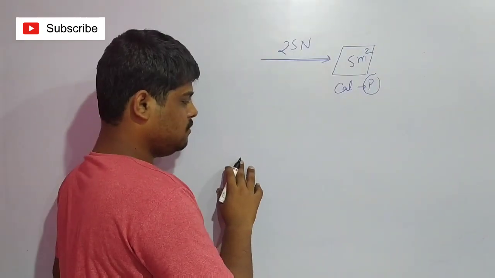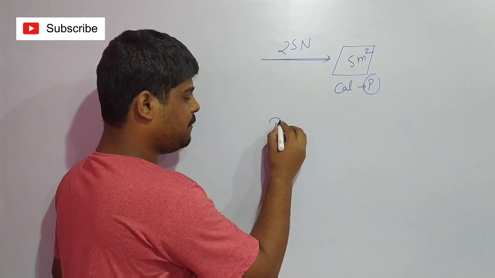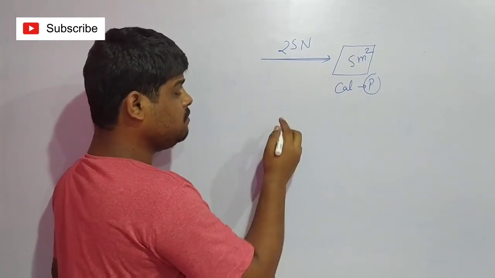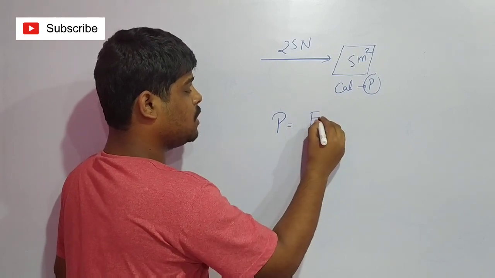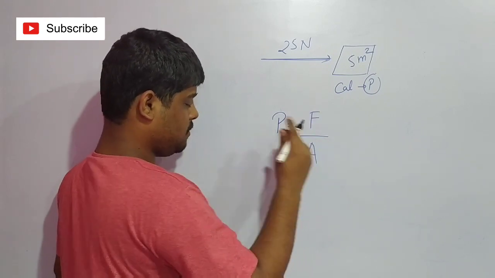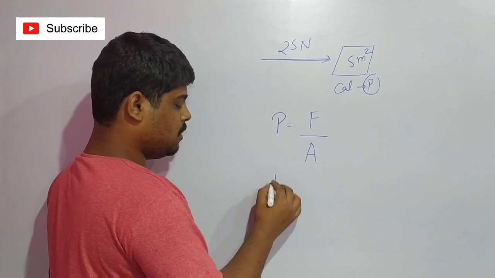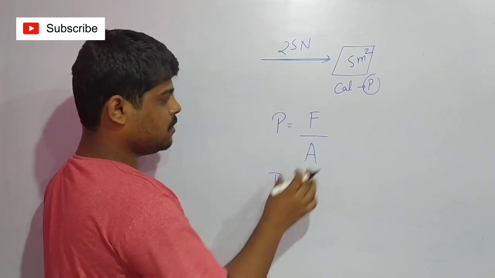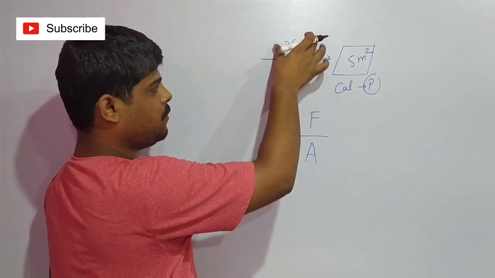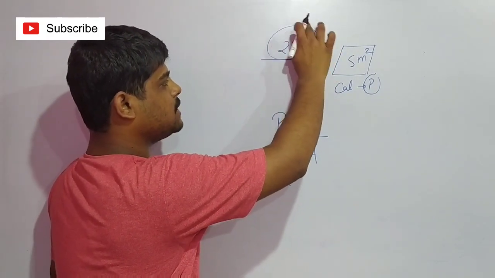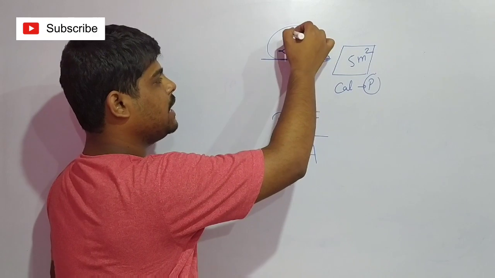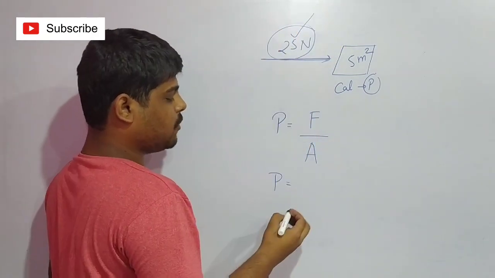Now, the formula for pressure is force divided by area. So pressure is equal to force, which is 25 Newton, because the unit of force is Newton, so we can identify that 25 Newton is force.